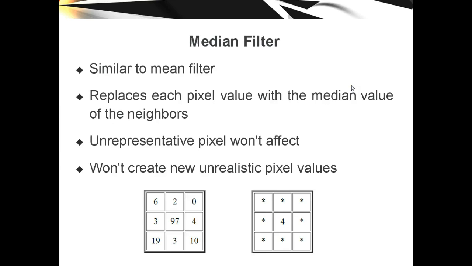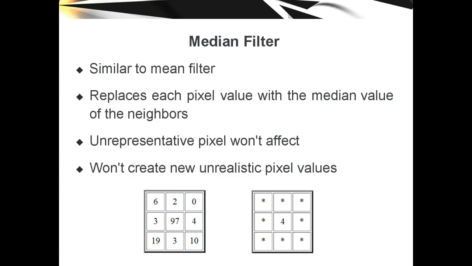And the next one is the median filter. It's similar to the mean filter, because the mean filter replaces each pixel value with the mean value, but here the median filter replaces them with the median value. Usually the median filter has advantages over the mean one because the unrepresentative pixels won't affect the median value, and the median filter won't create new unrealistic pixel values.